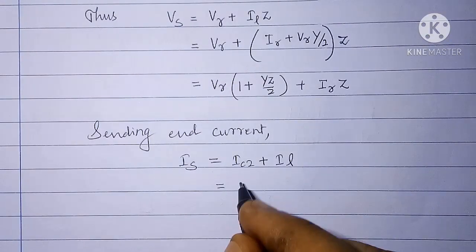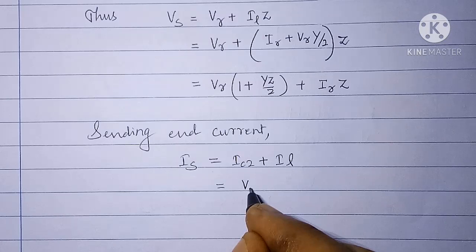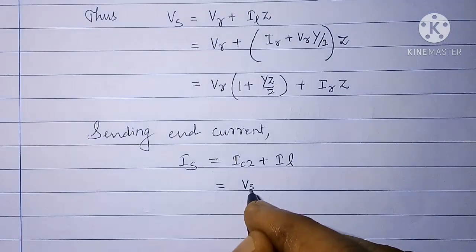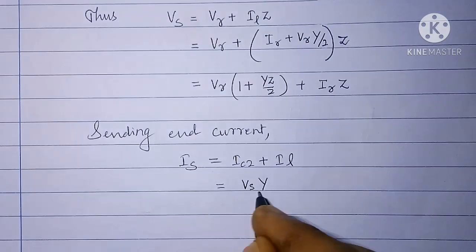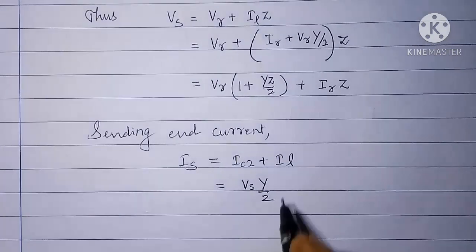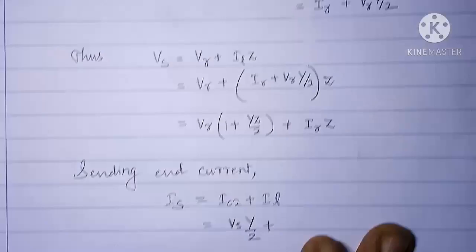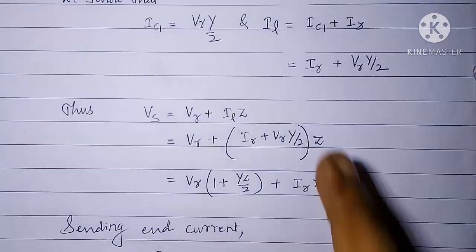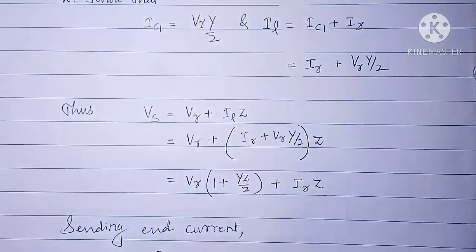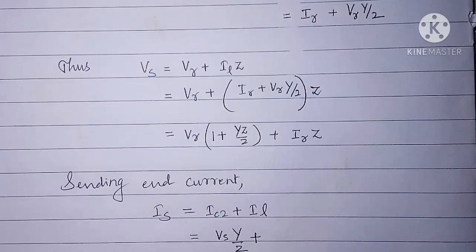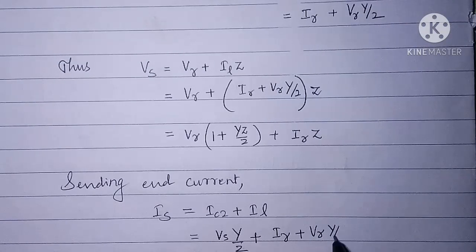IC2 is Vs into Y by 2, and IL we know, we have written IL here, that is IR plus VR into Y by 2.